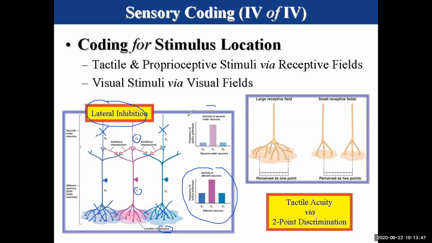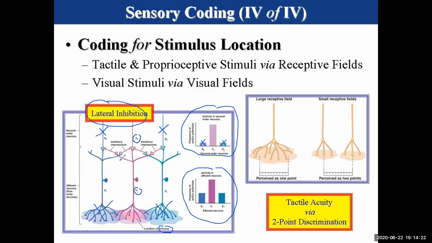But here is the same thing by the second order neurons, with action potential being generated in Y2 significantly more than in X2 and Z2, because X2 and Z2 have been prevented significantly from generating action potentials due to these inhibitory interneurons. And you should be able to answer that question by the specific mechanism we all learned.